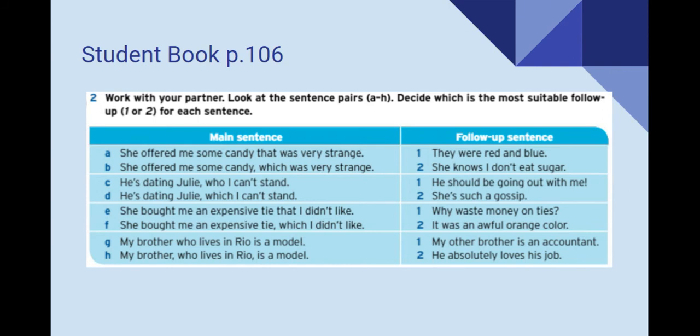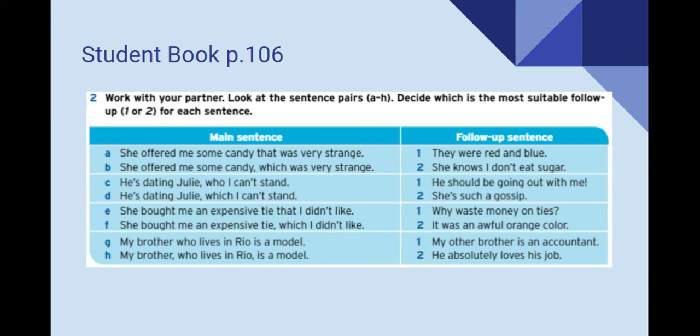Well, you have that and you don't have a comma. And sentence B says, she offered me some candy, which was very strange. In this case, this is a non-defining clause because first you have a comma and you're using a relative pronoun. Now, we need to match with the follow-up sentence. They were red and blue, or she knows I don't eat sugar.